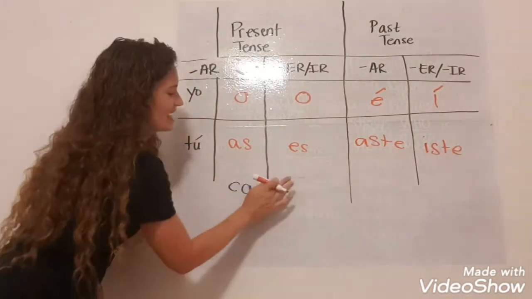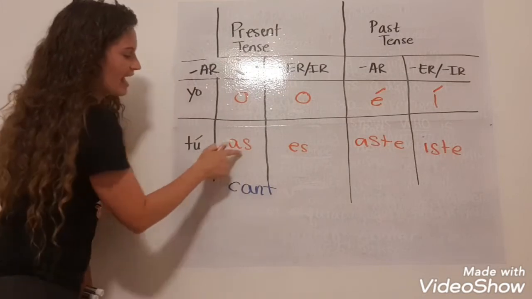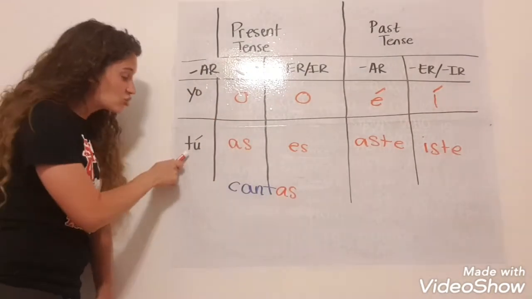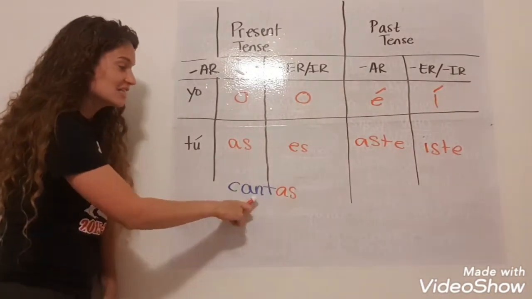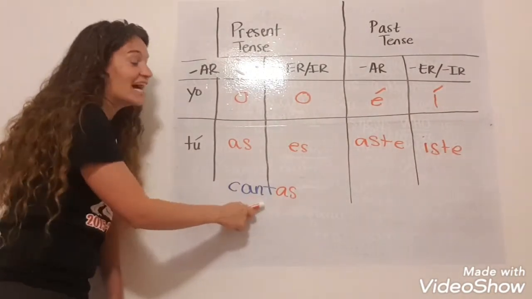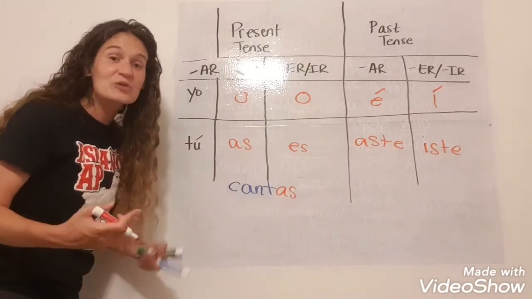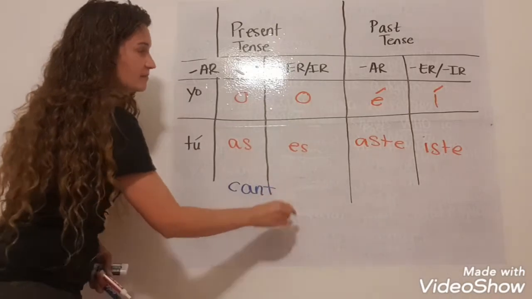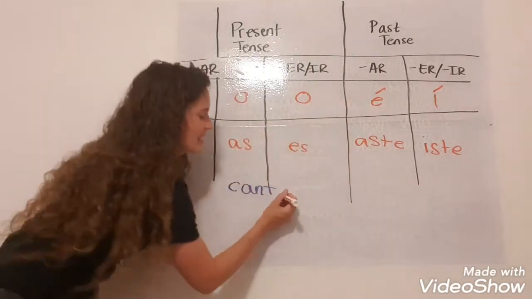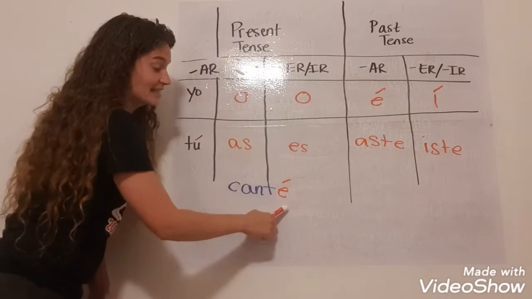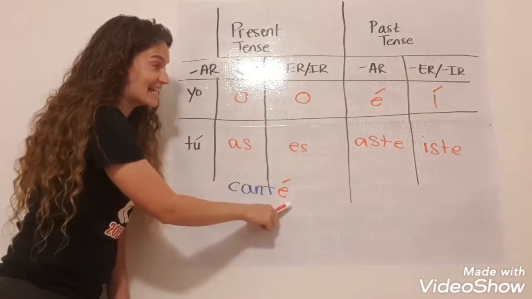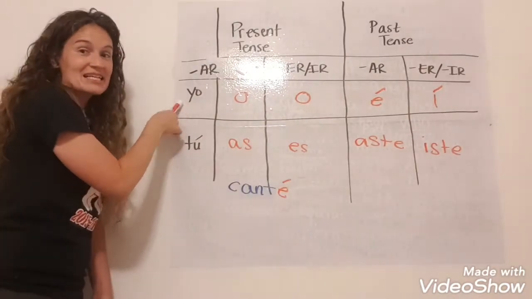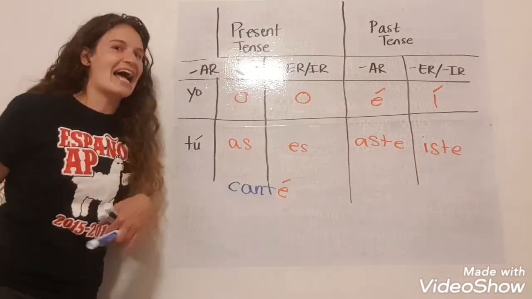If I add the AS, cantas, it's tú cantas, you sing. So cantas means you sing. If I put this ending, canté, that's past tense, yo form, so that means I sang in the past.